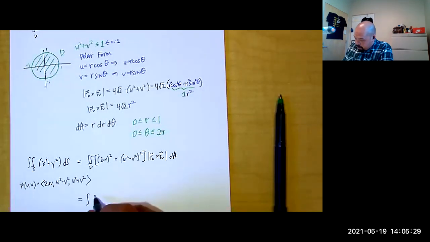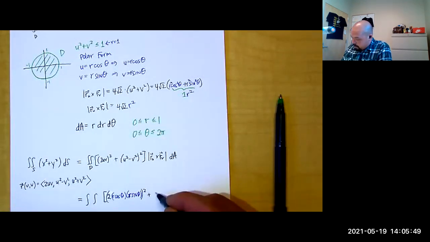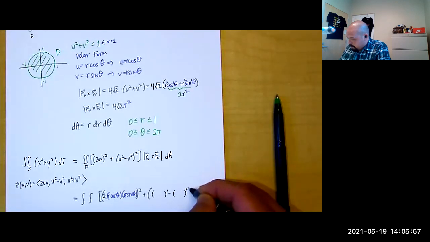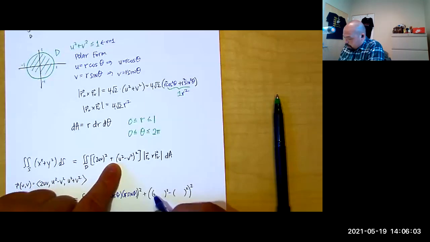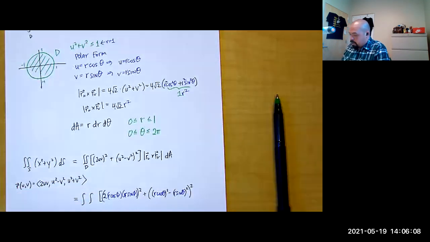So then as I start to go through, u was r cosine theta, v was r sine theta. So we have that quantity squared, plus, in here, u squared minus v squared, which is r cosine theta squared minus r sine theta squared, that quantity squared.